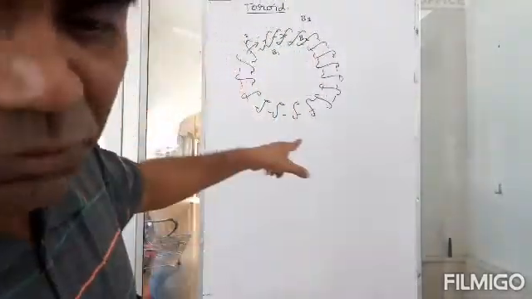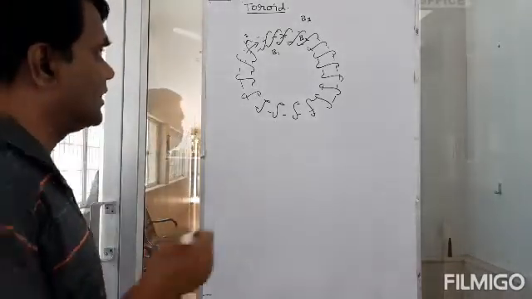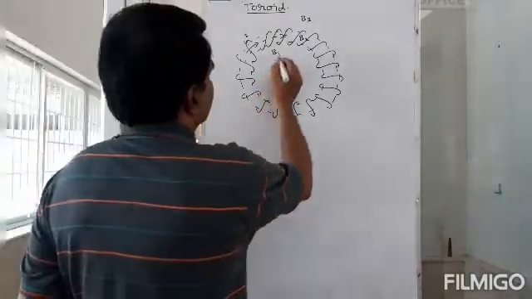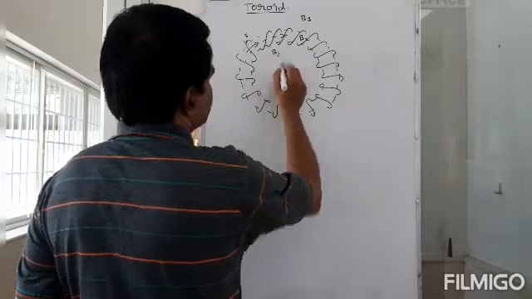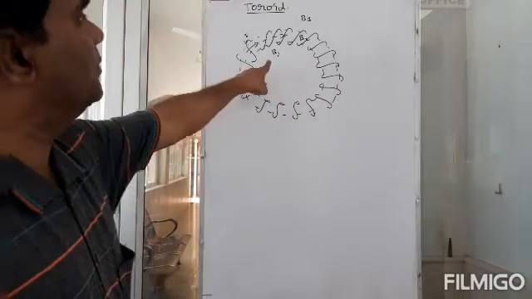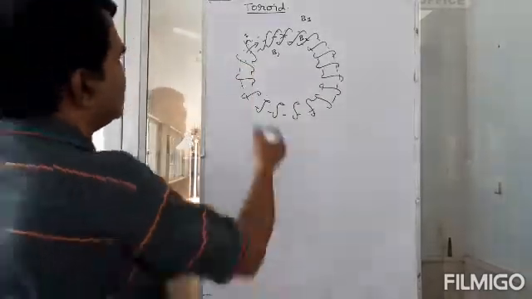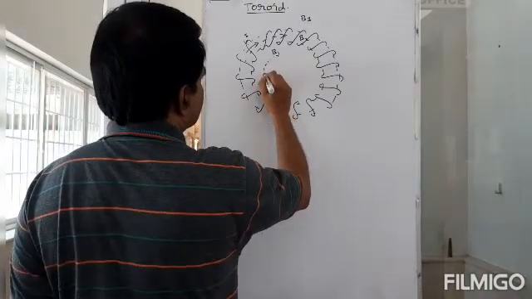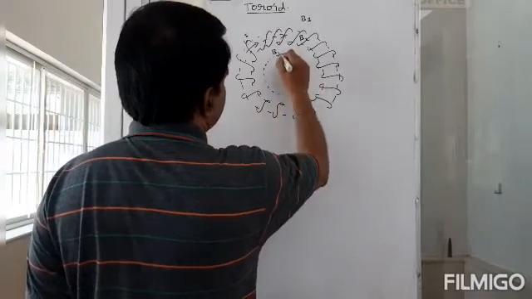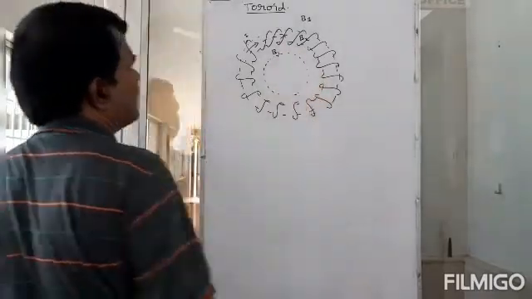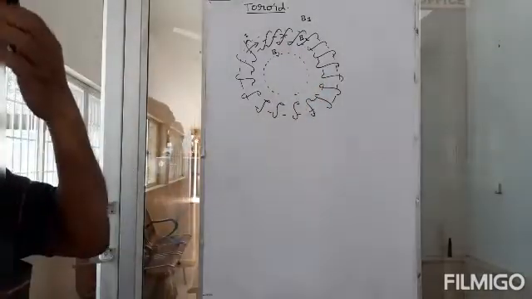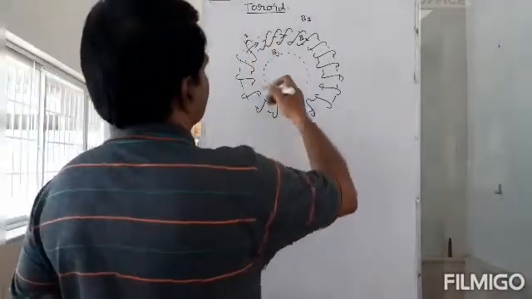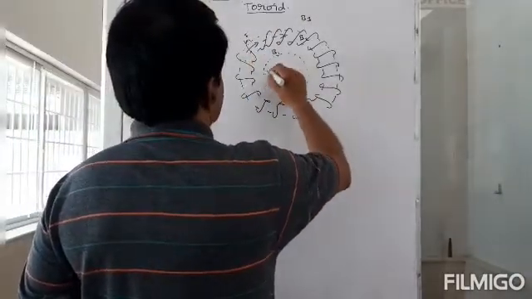So for B1, suppose I want to find B1 at this point. What I'm going to do is imagine an Amperian surface like this. So what should I do now?